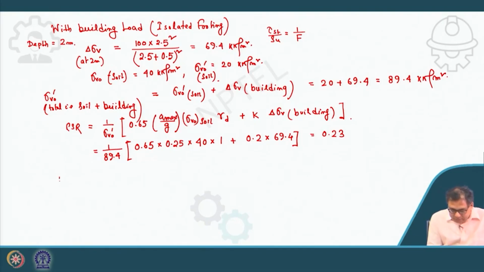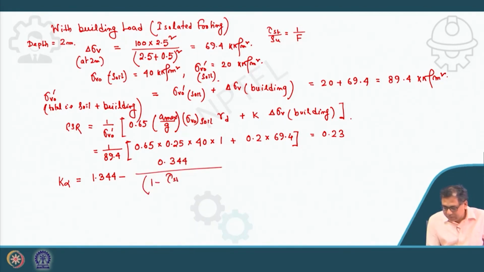Now I will calculate K alpha. K alpha is 1.344 minus 0.344 divided by 1 minus tau st by SU to the power 0.638.